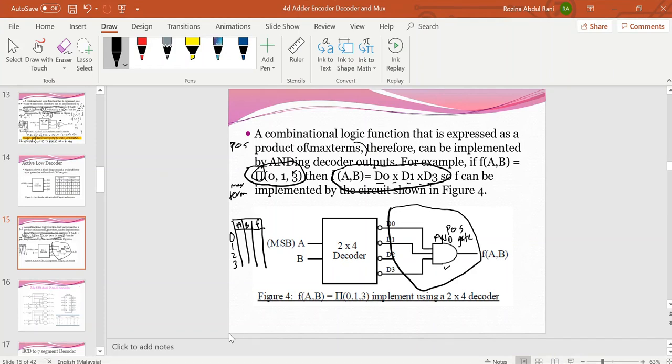So 0 is 0 0, 1 is 0 1, 2 is 1 0, 3 is 1 1. Because this is max term, F is 0 for 0, 0 for 1, 1 for 2 and 0 for 3.